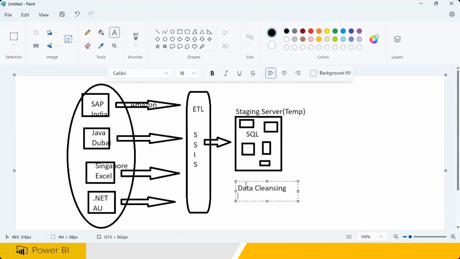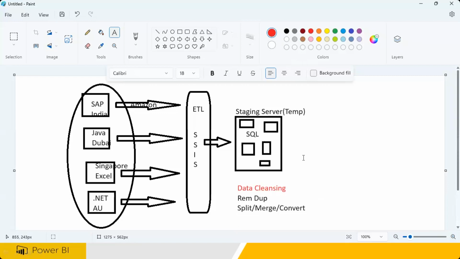What do you mean by data cleansing? If you have duplicated data, remove the dupe data. Or you want to split some names, or merge, or convert. Whatever you want to do, you will be able to do. This activity is called a data cleansing activity.